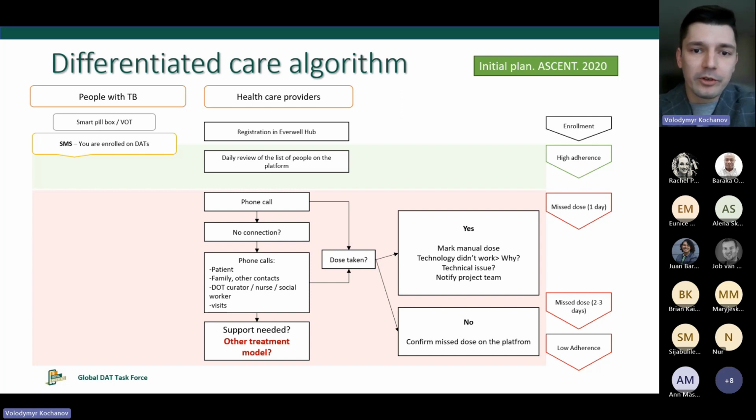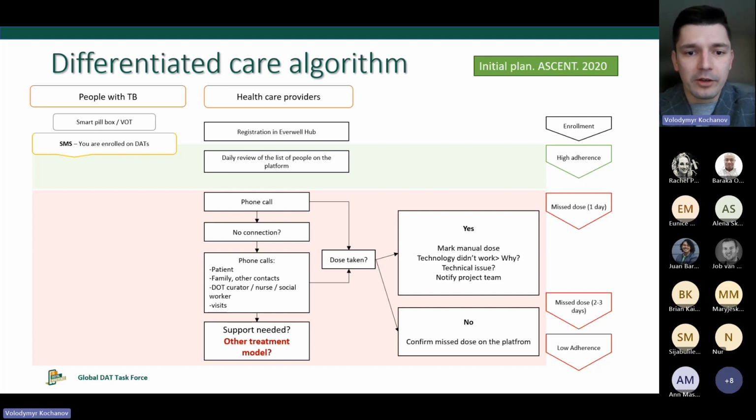If a patient missed 1 day of dose, a phone call should have happened to understand whether the dose was taken, or whether it was a technical issue, or the technology didn't work, or the patient didn't take the smart pill box when going to visit relatives. If the dose was not taken, the healthcare provider was supposed to mark it on the calendar in the digital adherence platform.